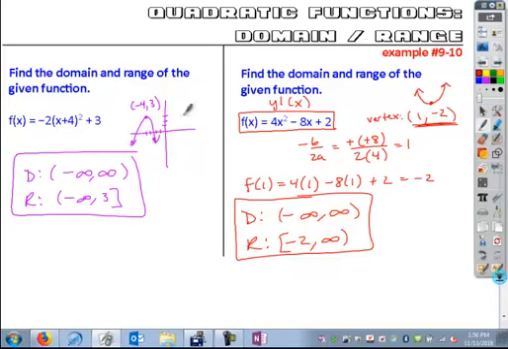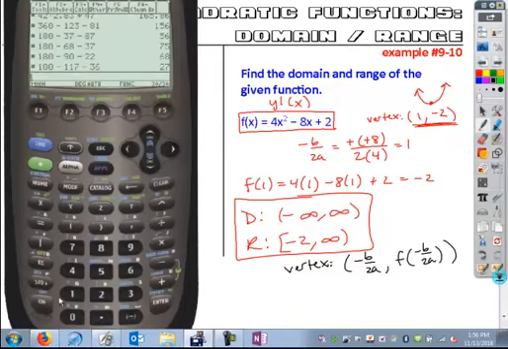If I know my vertex is going to be located at the following point, the coordinates of my vertex from this general form are going to be -b/2a, and then the function evaluated at that point.